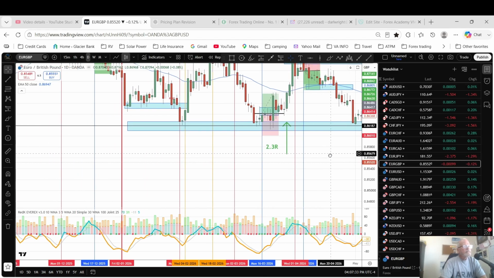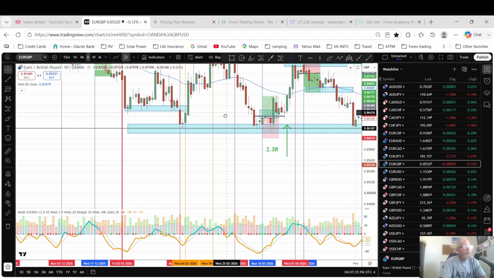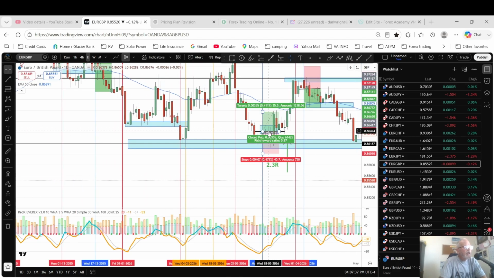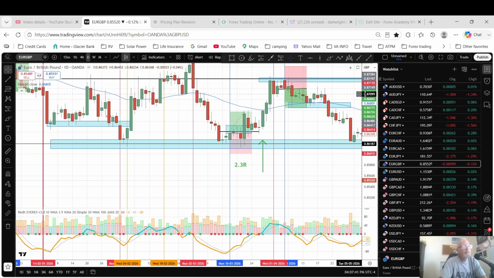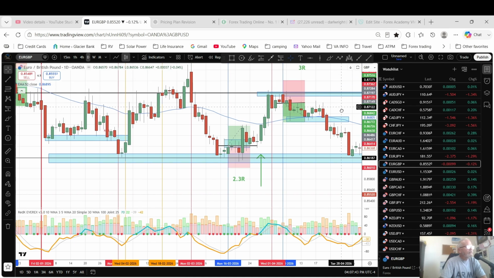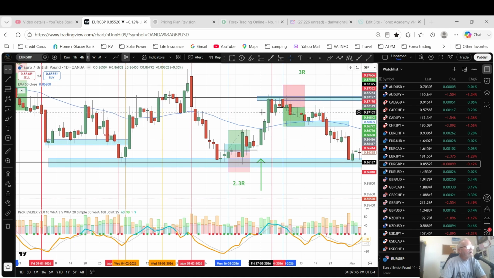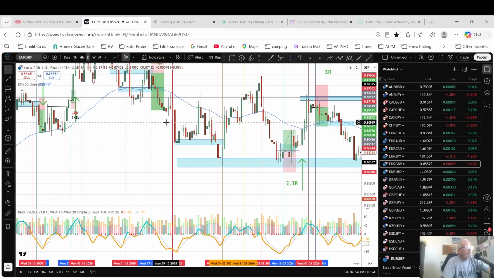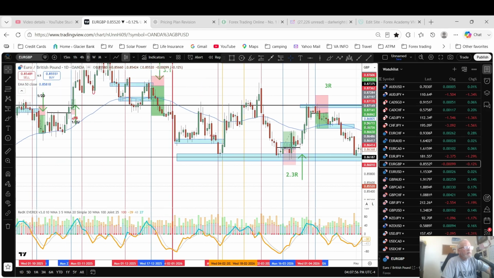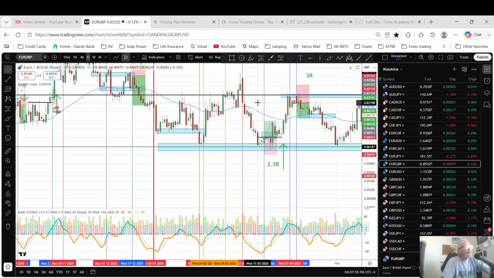Okay, now what we have to do is decide where we think our profit target would be before we can decide if we're coming in with an entry, a market order, or a limit order. So looking at this chart, where do you think the price action probably will come back up to, right?